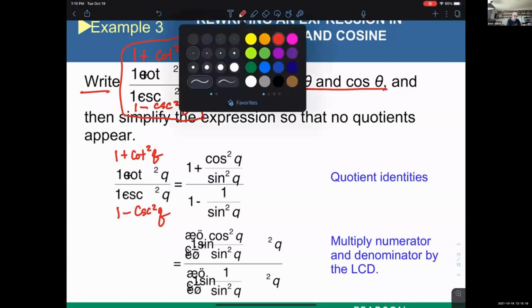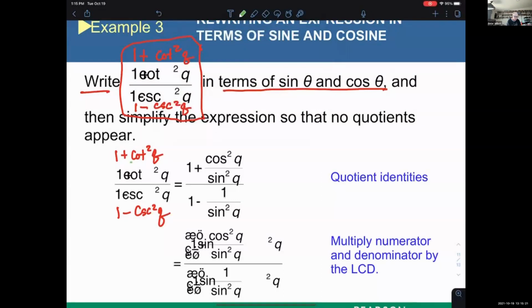So because of that, cotangent here, which is squared, becomes cosine over sine squared, and they squared both of these. So they did a little bit of extra work in here. So this means cotangent of q squared, and that would be cosine q over sine q is squared. And if I square a fraction, then I square the top and the bottom, and that's how they ended up with what they have there.